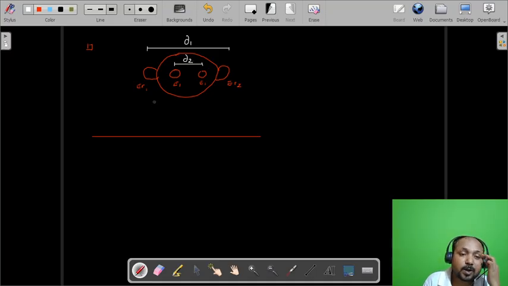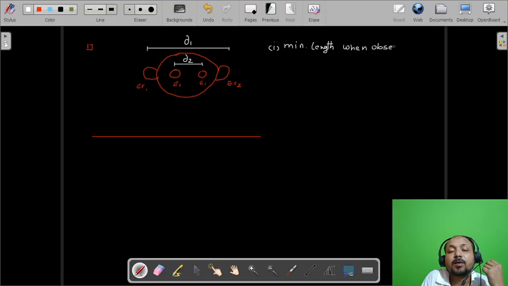So we have to find out the minimum length of mirror when observed from both eyes, when this observer is observing his image from both the eyes, I1 and I2.